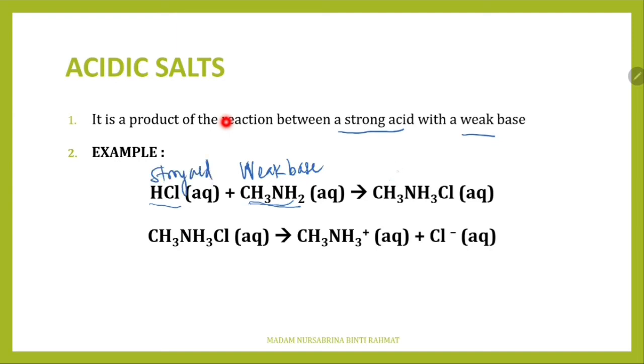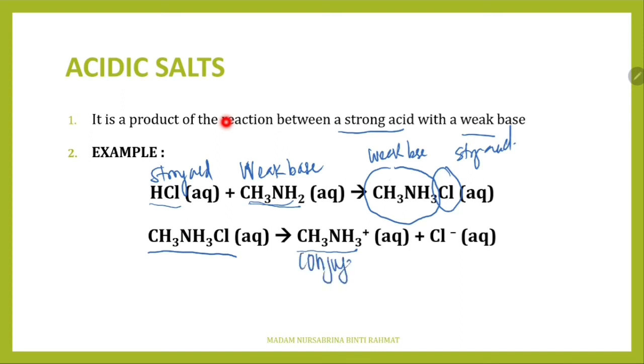This is my cation, which comes from my weak base, and this Cl- comes from my strong acid. For the hydrolysis of the salt, we break down the ions in the salt. We have CH3NH3+, which comes from a weak base, so we name it the conjugate acid.